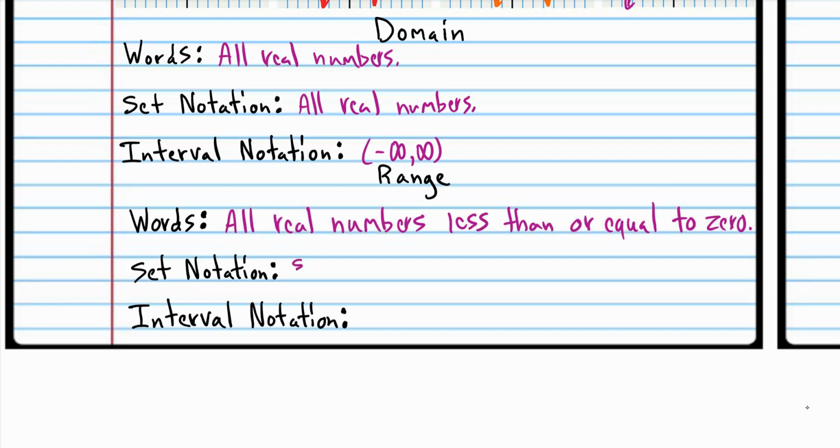In set notation, we say the range is the set of all y values such that y is less than or equal to 0. And in interval notation, we write negative infinity, comma, 0 with a bracket, meaning 0 is part of the range.